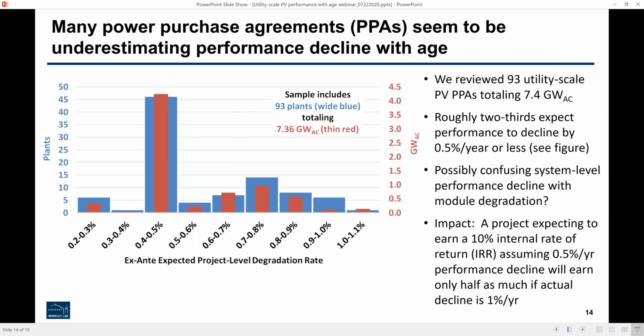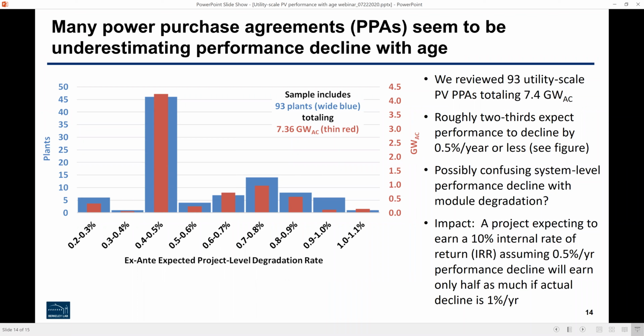Whether you're, well, let's put it this way: if you're conservative on your estimate of first-year generation, then you can probably also afford to be aggressive on your performance decline, because it's really the combination of those two things that's going to determine whether or not your system is actually living up to overall expectations and kind of passing the performance guarantee tests that are embedded within the PPA.